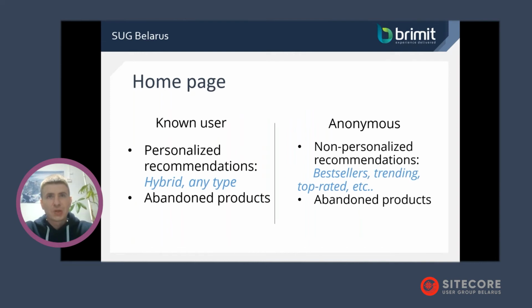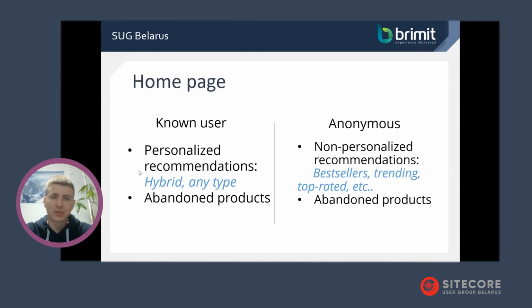The home page is almost always the first touch point for your shoppers. The home page is the key to capturing attention and should have relevant recommendations for the different shopper types, both identified users and anonymous. For identified users, you should show personalized recommendations; hybrid is the best option.